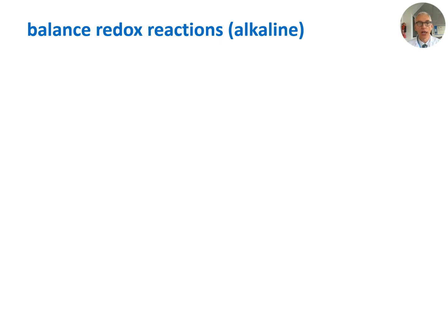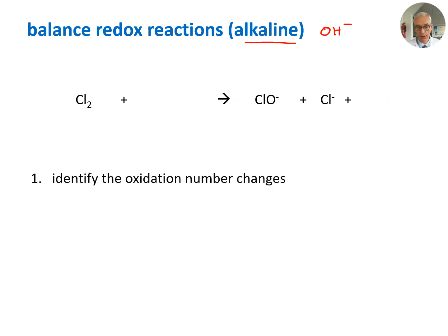So now let's look at redox reactions in alkaline conditions, where we're going to involve hydroxide ions in the equation. My example would be chlorine going to the chlorate(I) and the chloride ion. So I'm going to balance with hydroxide or water here. But the first step, as previously, is to identify the oxidation number changes.